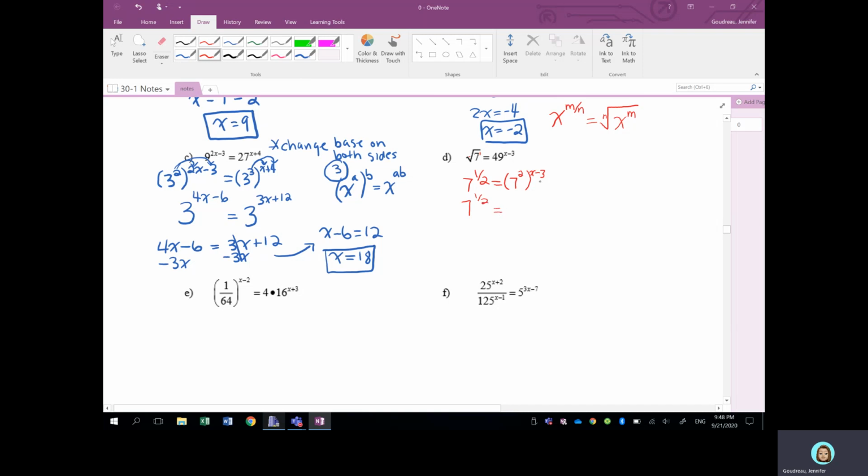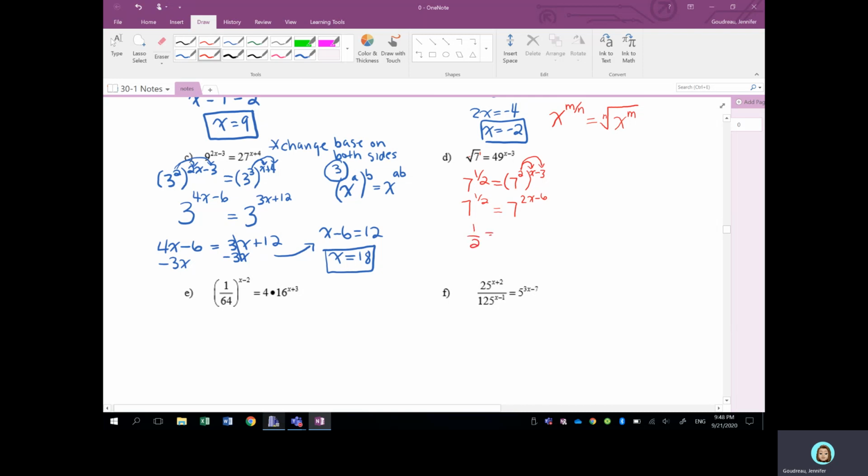On the right-hand side, again, power to a power. We need to multiply those exponents. Again, coefficient times a binomial, so we're going to distribute 7 to the 2x minus 6. We have a single power on this side, single power on the other side, same base, equate the exponents.